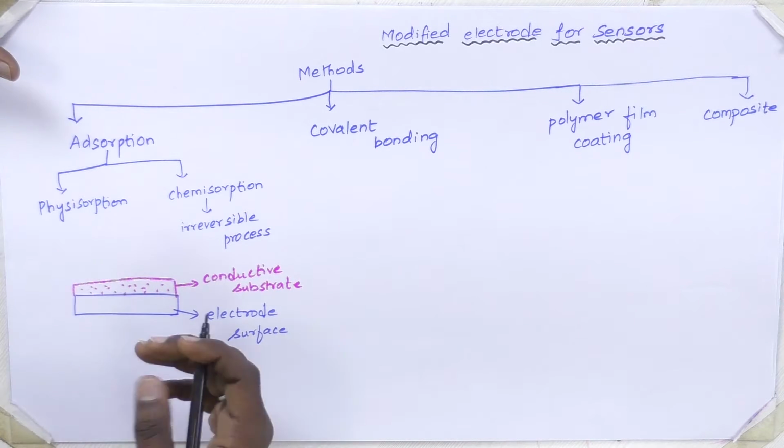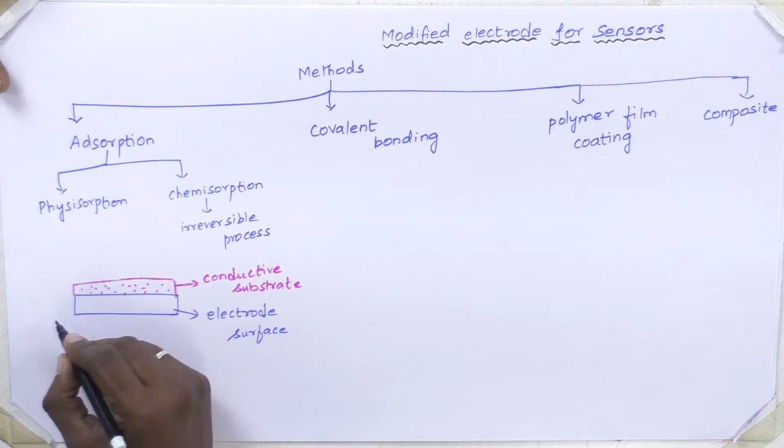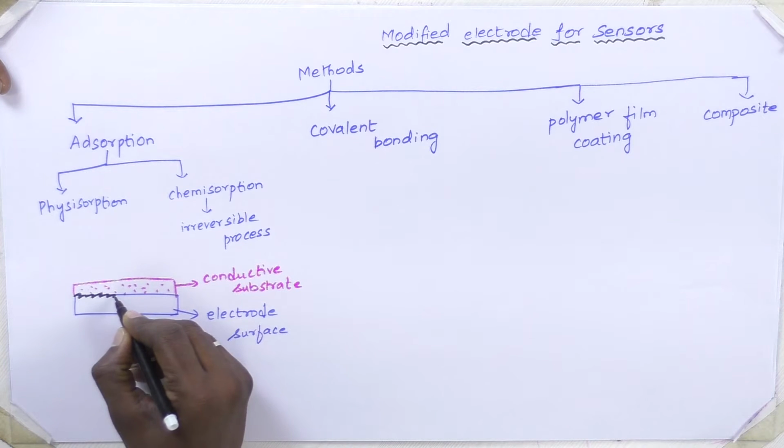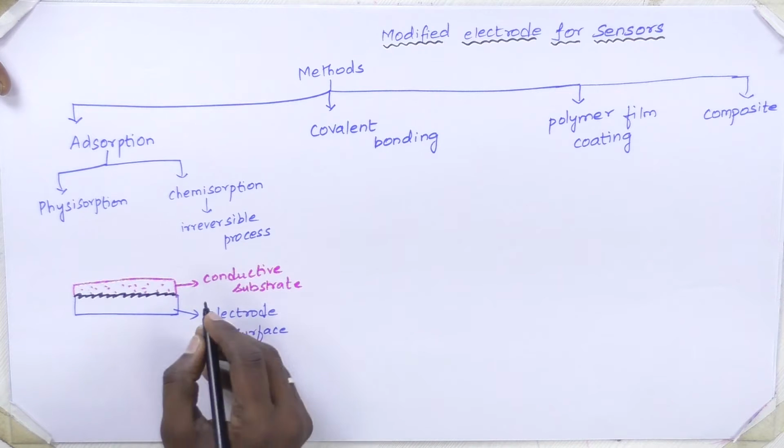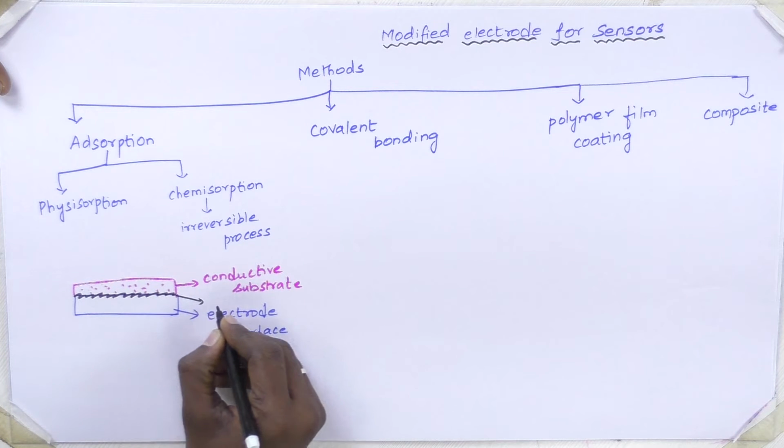This conductive substrate coats on the electrode surface by the chemisorption process.